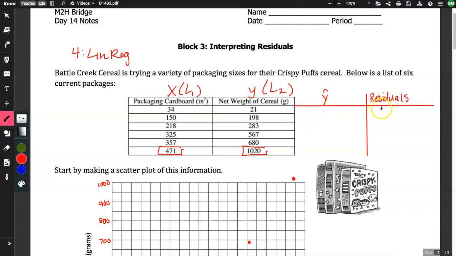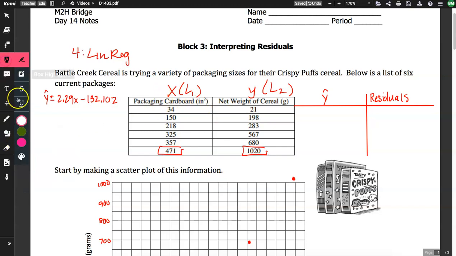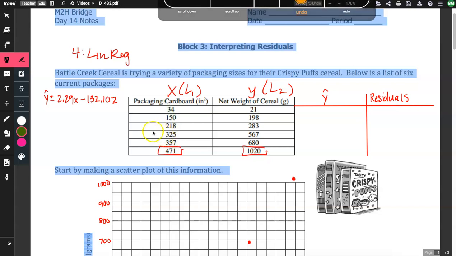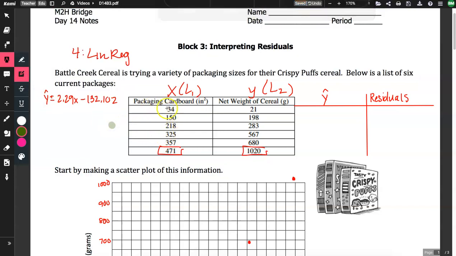Okay, so you're going to actually calculate 2 more pieces. Remember our linear regression equation? I'll write it up here for you. 2.29x minus 132.102, hopefully. Yes, okay. So what you need to do is take your x values and plug them all into your equation.